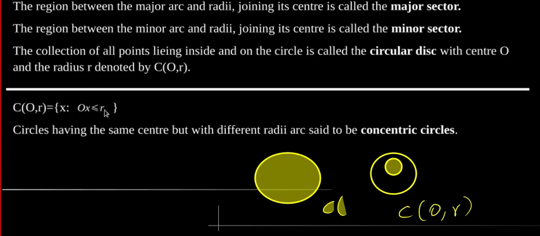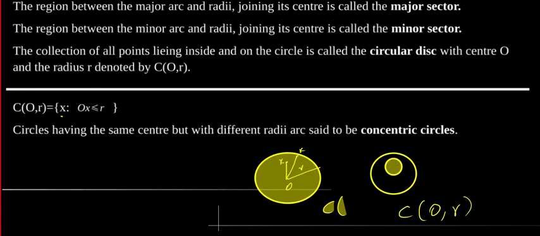OX should be less than or equal to R. If we take the center O and the radius R, the point X can be here, that means the length of OX is less than R, or if the point X is on the circle, then OX equals R. So OX is either less than R or equal to R. So length of OX is less than or equal to R.